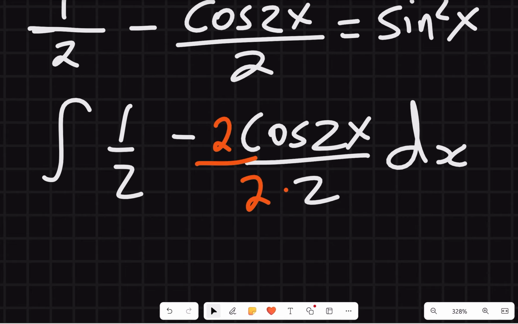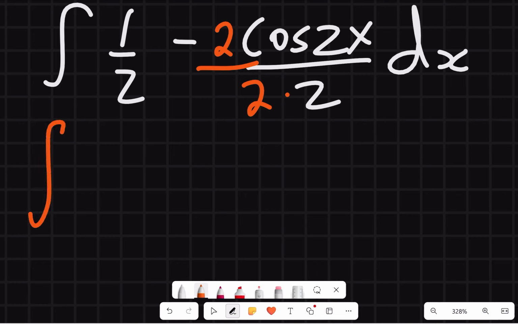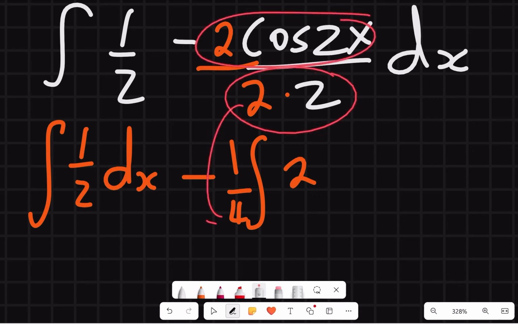Perfect. And then let's proceed now. So here we have the integral of half dx minus the integral of, the 1 over 4 at the bottom. Remember, this guy here becomes 4. So I'll say 1 over 4 there. And then on top, I'm just left with that because the 4, I took it out there.